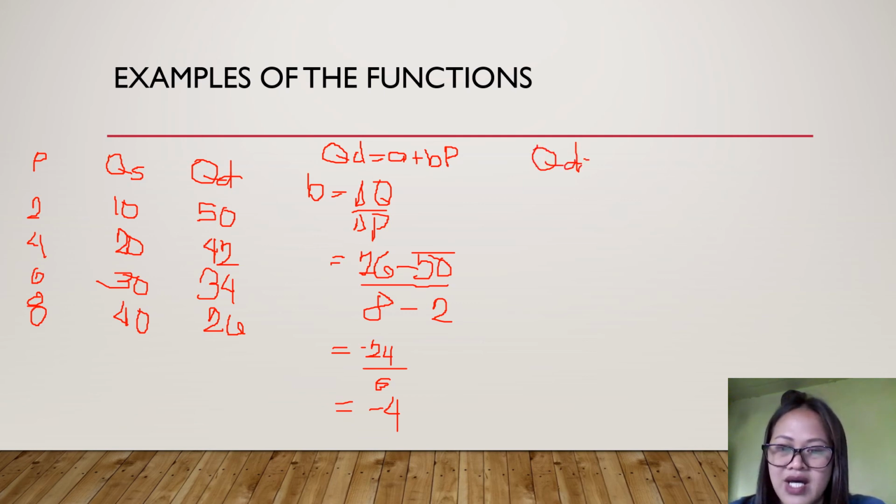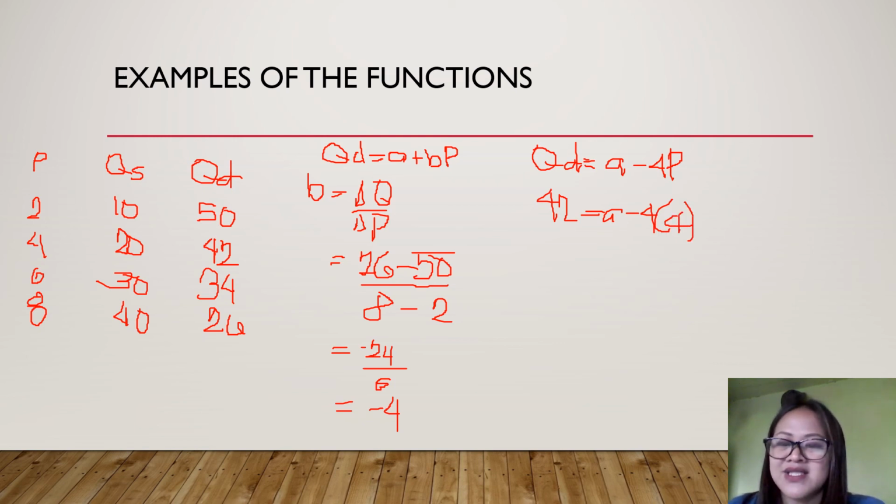So we have here A minus 4P. For quantity demanded, you may choose again, kahit anong quantity ang kunin natin dito, basta huwag pagpalitin yung pares ulit. Let's say 42. A minus 4, what is the price of 42? That is 4.